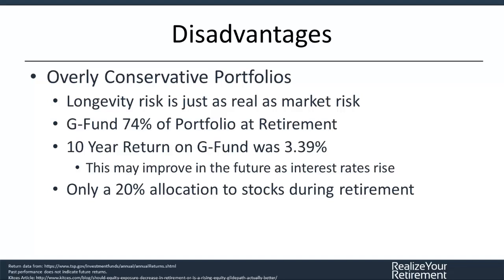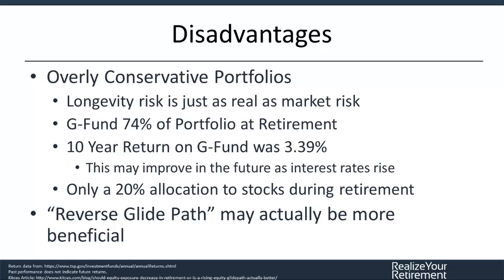In fact, Michael Kitces, a well-known financial planning researcher and practitioner, penned an interesting piece that determines utilizing a reverse glide path can be more beneficial through time. In a reverse glide path, retirees allocate a portion of their portfolios to stock and another to bonds and cash. During recessions, they do not sell stocks to fund their withdrawals and instead draw down the cash and bond portions of the portfolio.